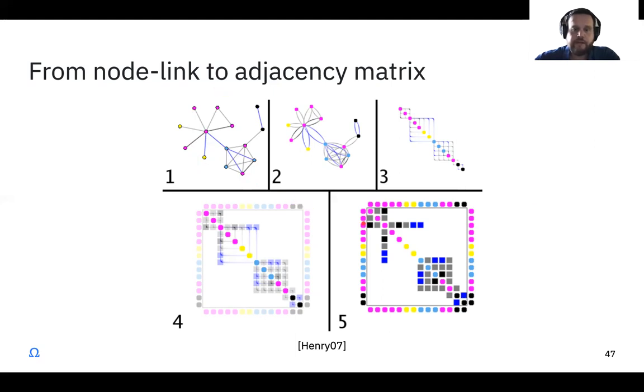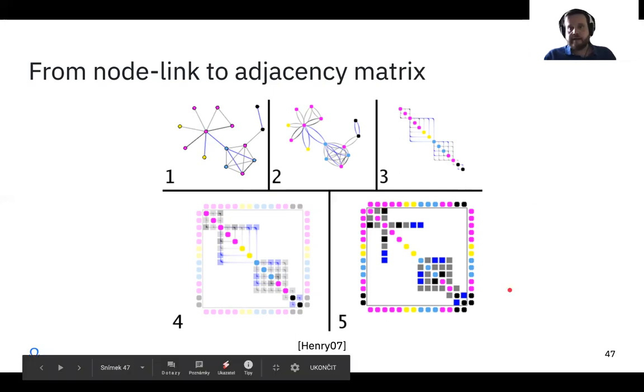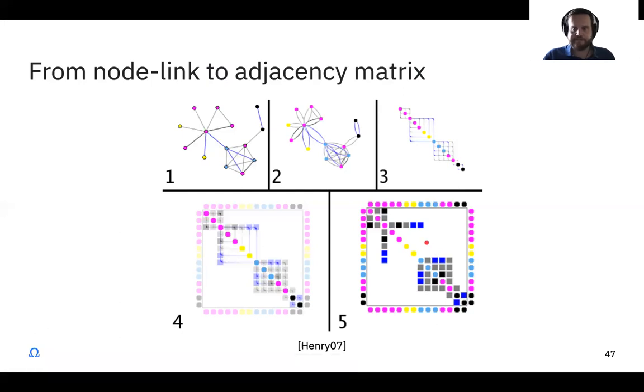That will appear as long rows and columns, for instance. So there is some intuition behind it, so one needs to learn how to read those adjacency matrices. But if you have seen a couple, then these strong visual artifacts are going to come to you. So it's a bit of an acquired taste, but it's a very compact representation of graph data.